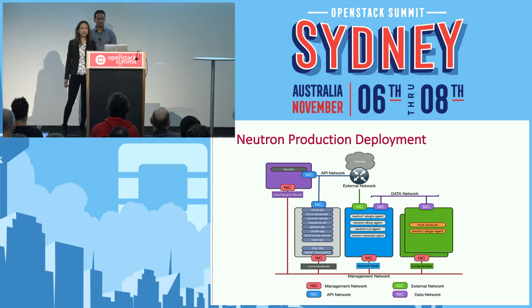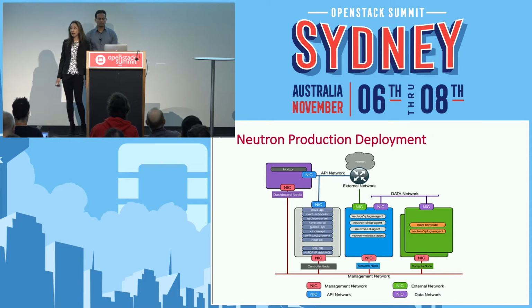So this diagram shows us a Neutron production deployment. It has a redundant controller and network nodes and several compute nodes. The compute nodes are the hypervisors in which the Nova instances are spawned.